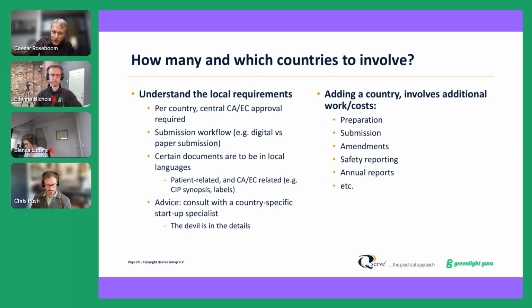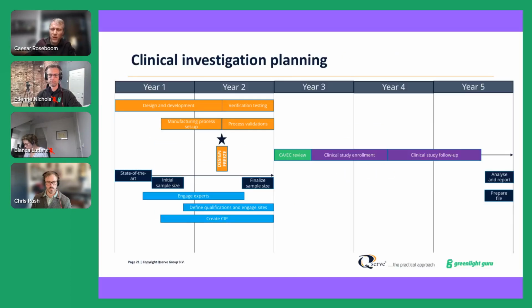So then to come back to the slide Bianca just showed about the timing of everything. I'm not sure if you can read the light blue bars here. My screen is quite small, but I can summarize it: you have to finalize your protocol and preferably many of the other documents required for submission, but that is beyond this webinar to discuss.